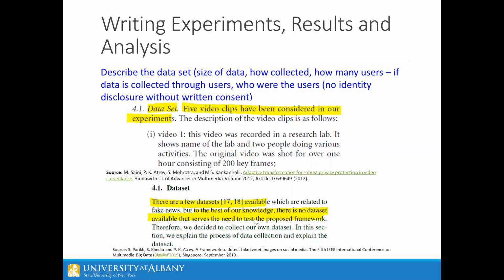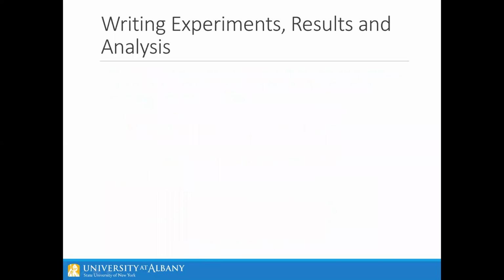So in this case, you are mentioning that there are some already existing data sets, but they cannot be used in your case, and therefore you are preparing a new data set for your work. That example is coming from a recent paper in 2019.